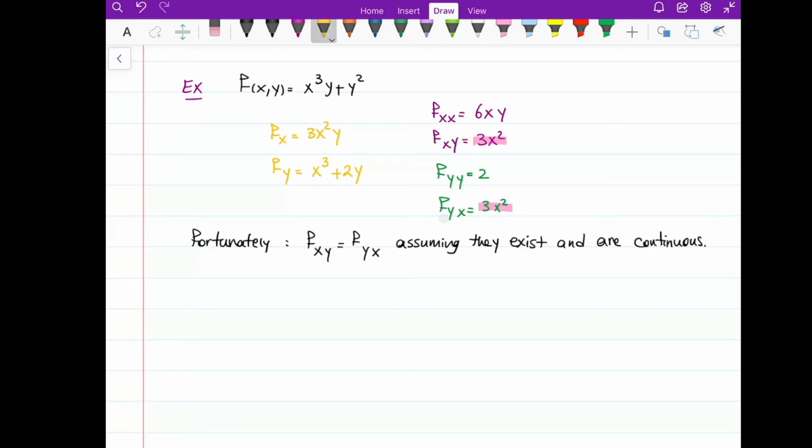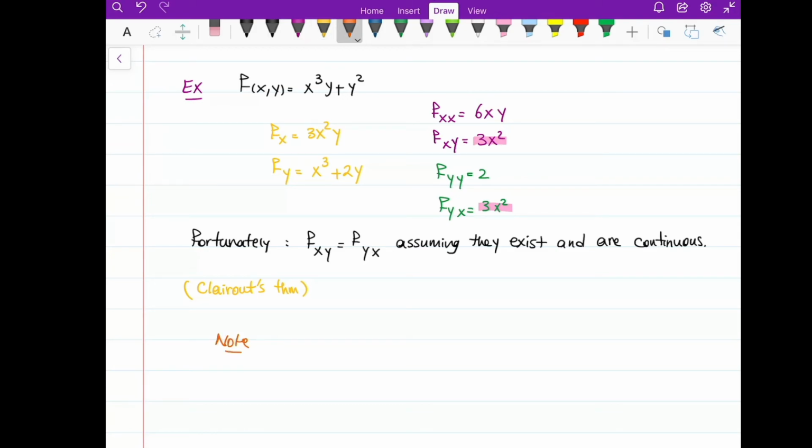And this is actually a theorem. This is Clairaut's theorem. And Clairaut's theorem says that if fxy and fyx are defined and continuous in the neighborhood of (x,y), then fxy at the point (x,y) is equal to fyx at the point (x,y). And in the function of 3 variables, we have the same idea.